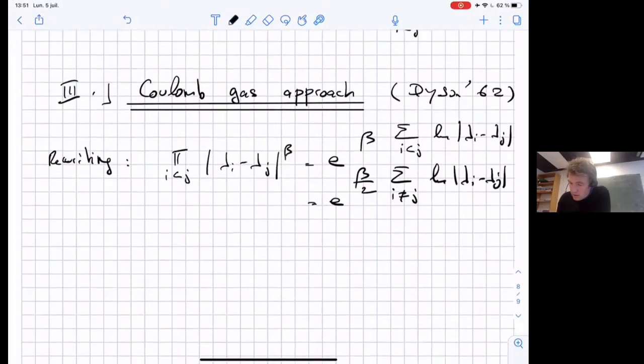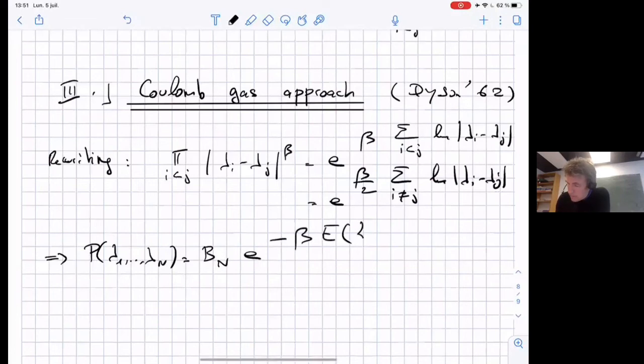Because that tells you that basically your probability weight on the lambdas, you had your Bn, so keep your Bn, but then I claim that I can still write it in this way. And E is just the sum of two contributions.